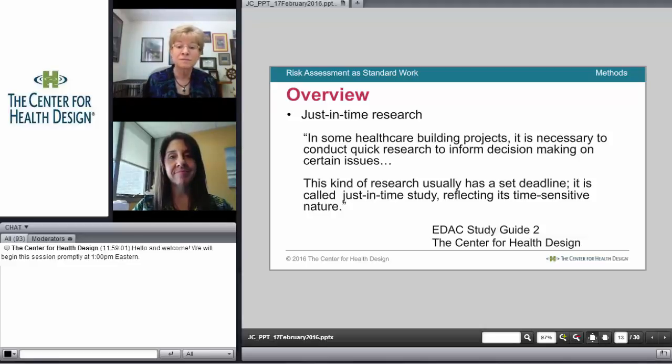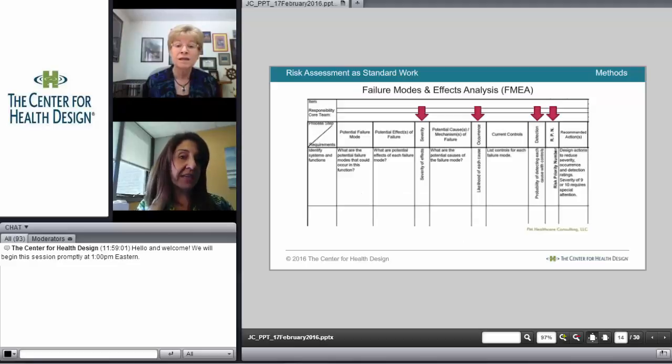Mm-hmm. Now here's an example, and it might be a little hard for our viewers to see, but this is the actual tool, a sort of information gathering tool that you use, correct? That's right. So basically what the FMEA looks at is failures. So how can you prevent a failure from happening?